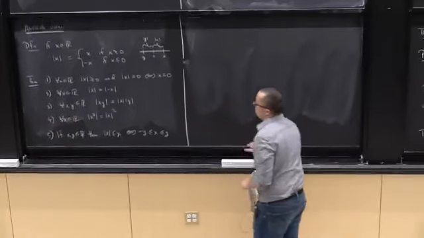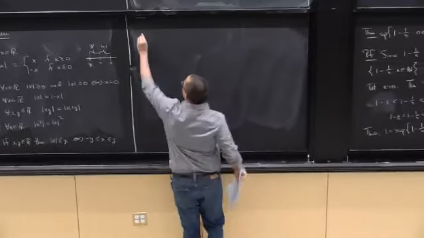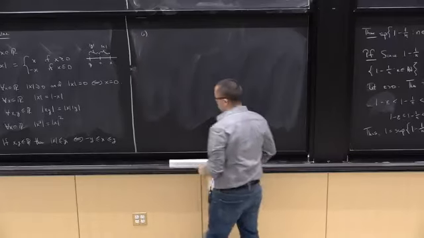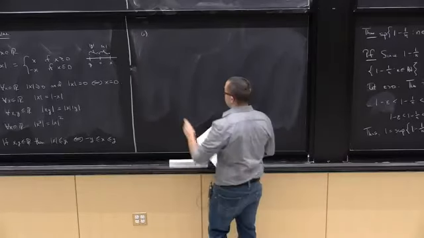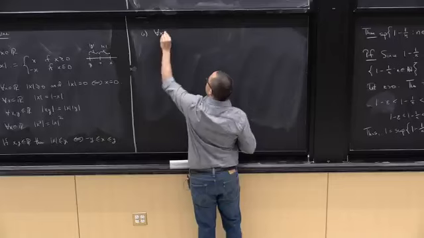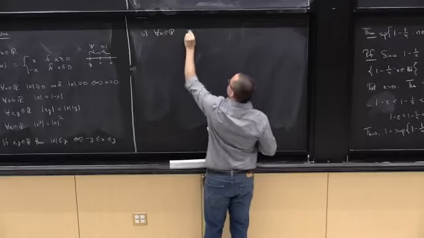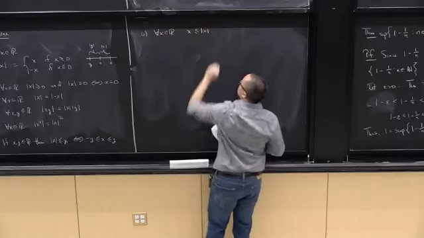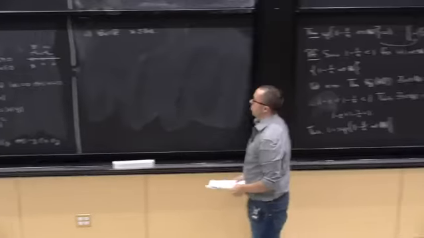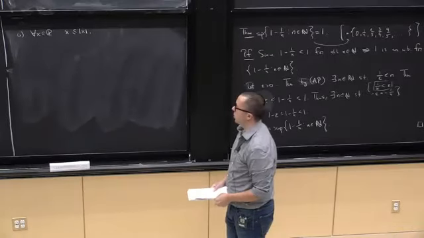And the sixth property that we'll prove is that for all x in R, x is less than or equal to its absolute value. Okay?